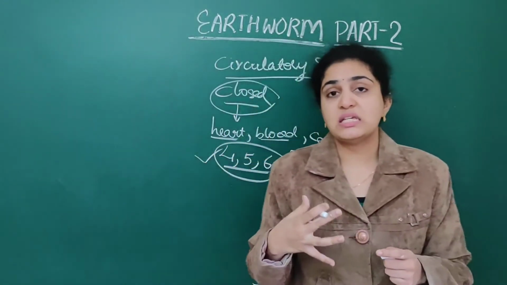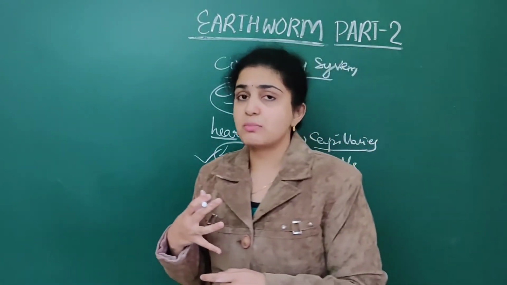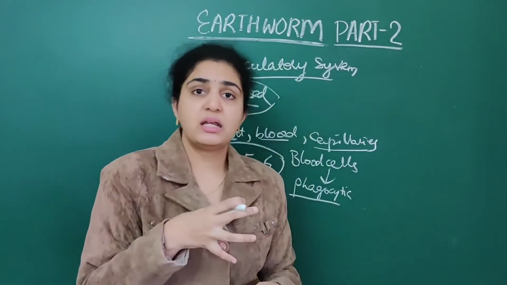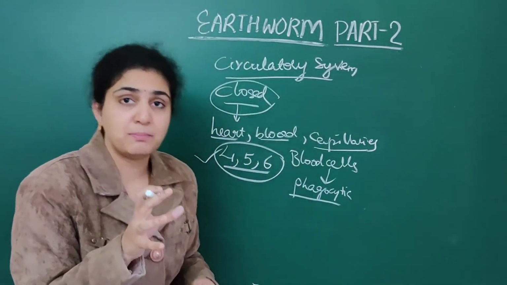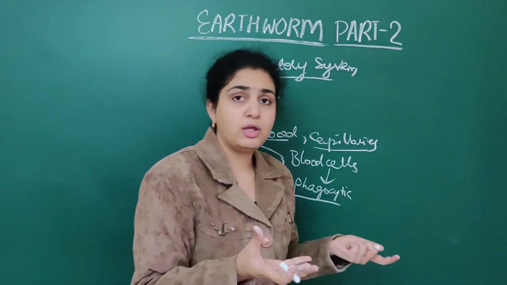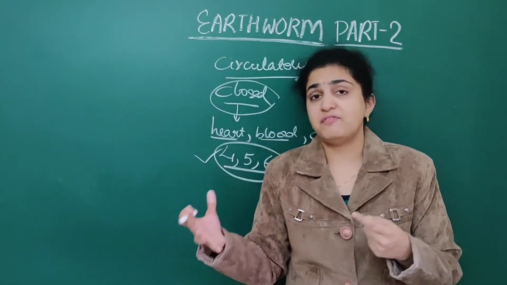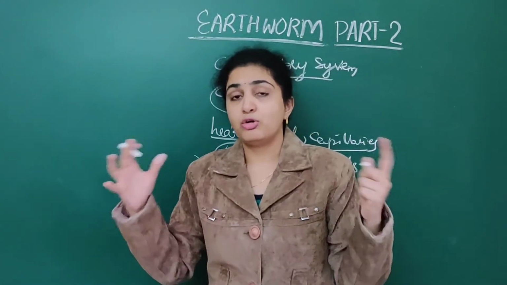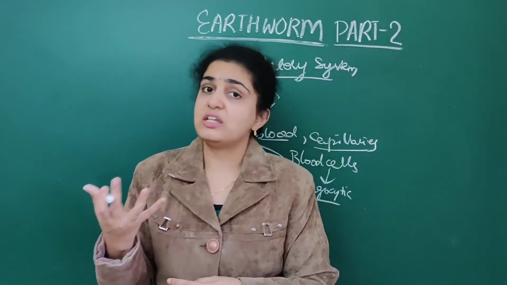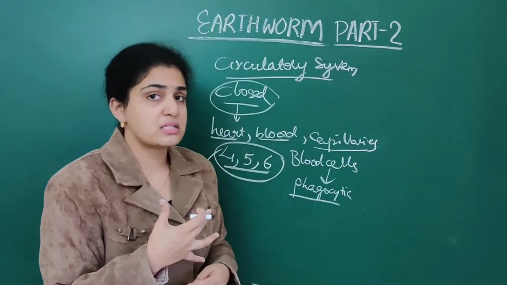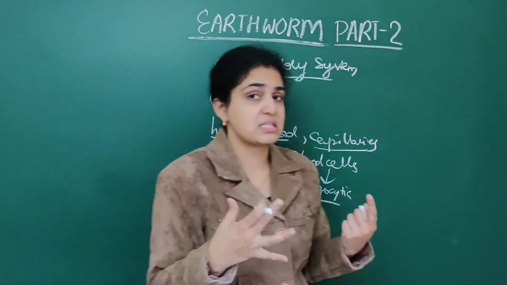Next we are going to see the respiratory system of earthworm. In the respiratory system of earthworm, it is very simple. For us humans, lungs play a very important role, and the trachea, bronchi and bronchioles, we already have discussed for the respiratory system in human beings. It is a very complex system.